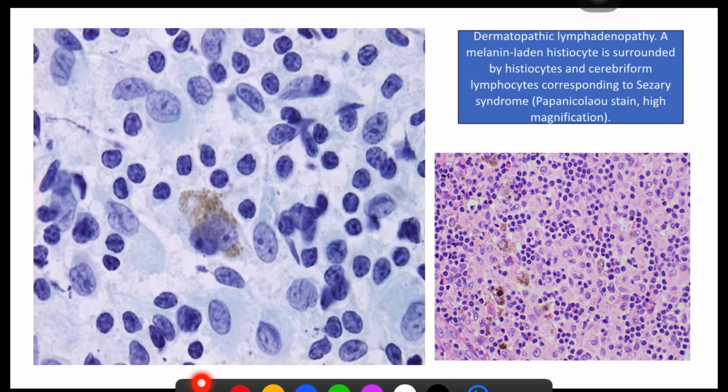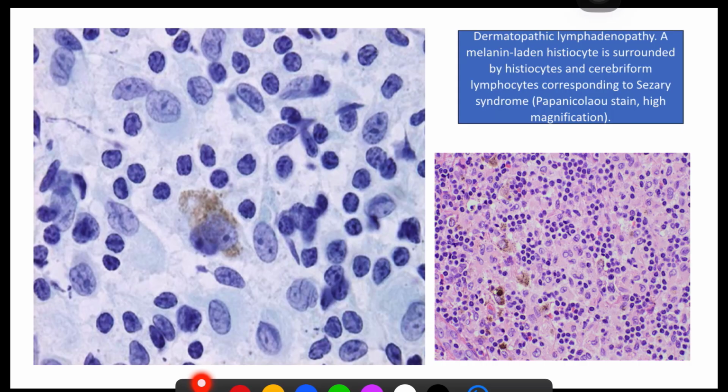Here in this Pap stain smear, we can see melanin-laden histiocytes surrounded by mature lymphocytes and some cerebriform lymphocytes. So this is a slide of Sezary syndrome, which we'll discuss in the next slide.